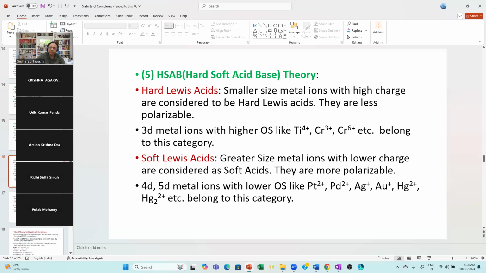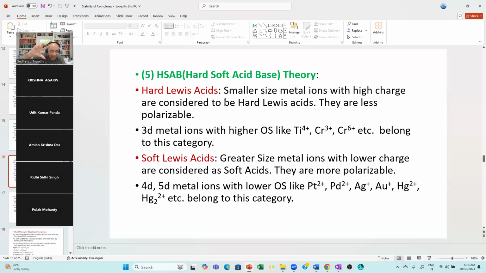It means there are two types of acids and two types of bases: hard and soft. Let me tell you that ligands are Lewis bases and metal ions are Lewis acids. Metal ions will accept electrons and the ligands will donate electrons. So when I'm talking about base, you think of ligands.